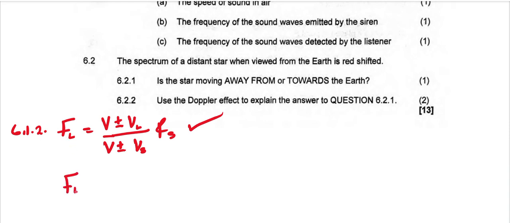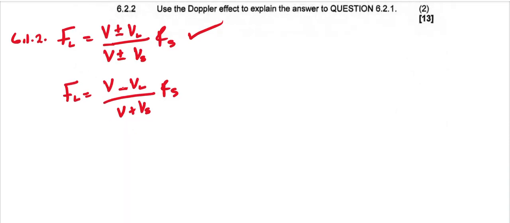Now we can write the original formula that we're going to use. Since the ambulance is moving away, on the velocity of the source we're going to have v plus vS, times fS. When the sound source is going away, the denominator has a positive sign; when it is moving towards the listener, we have a negative.